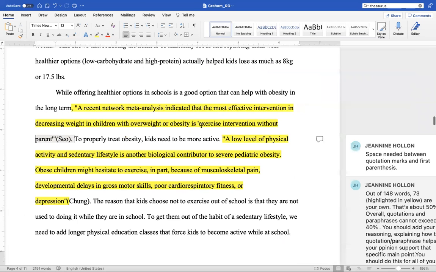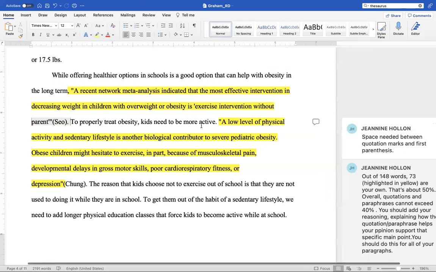I was trying to think. Recent net, okay, while offering healthier options, decreasing weight in children.